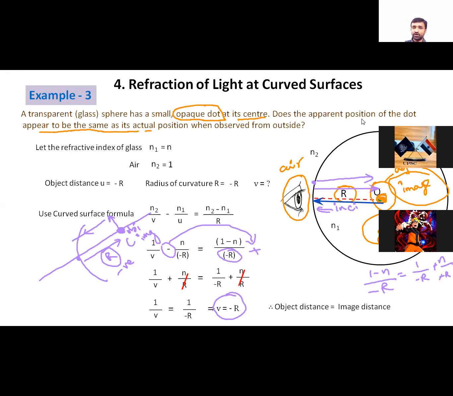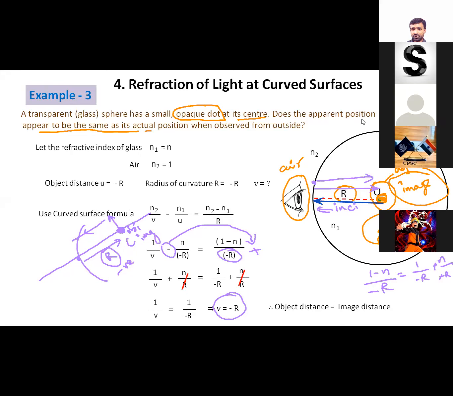Any confusion in this topic individually? Surajita, sir, any confusion? Or do you feel about examples 1, 2, 3? No confusion, sir. Okay, once you practice that, it will be easy. Sricharan, any problem?